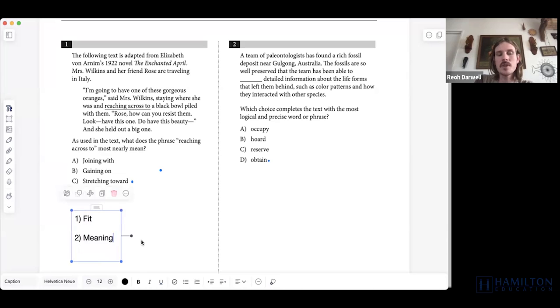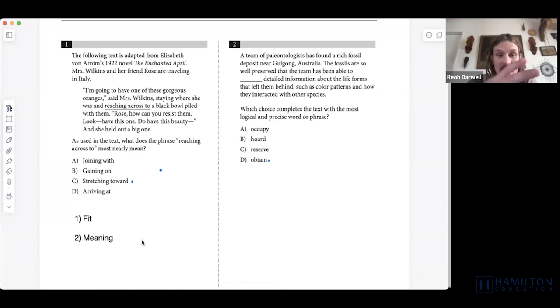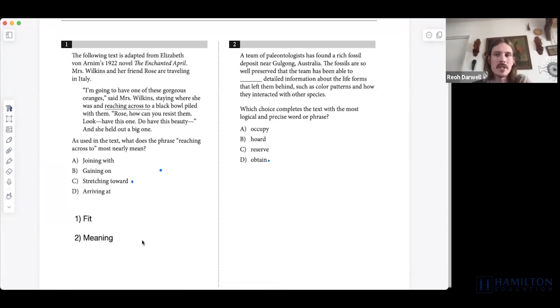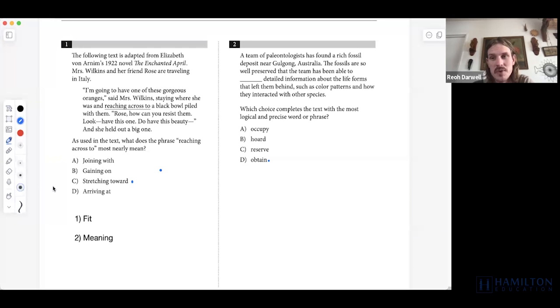Sometimes there are words or phrases which fit in the sentence, but don't actually convey the right meaning. In this case, pretty clear, straightforward. She's reaching across to a black bowl piled with oranges. I think this one's pretty easy.